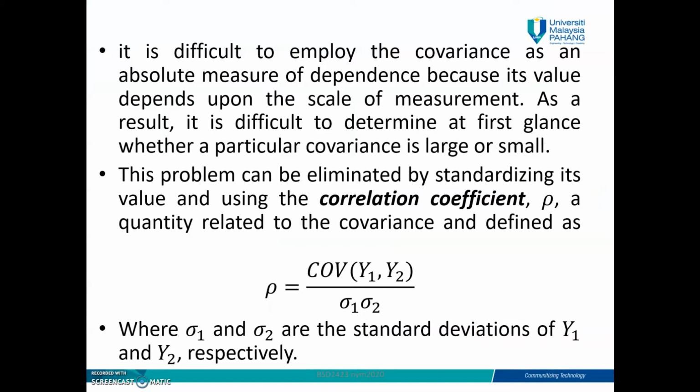Therefore, we can standardize this by using the correlation coefficient, which is rho, a quantity related to the covariance and defined as this equation. If you remember, in applied statistics you learned how to find R, isn't it? This R is for a sample, but this one is for a population, where sigma 1 and sigma 2 are the standard deviations of y1 and y2 respectively.